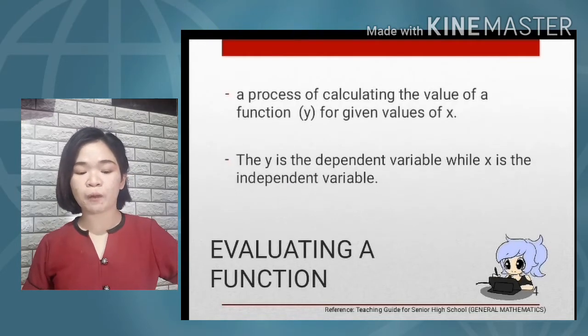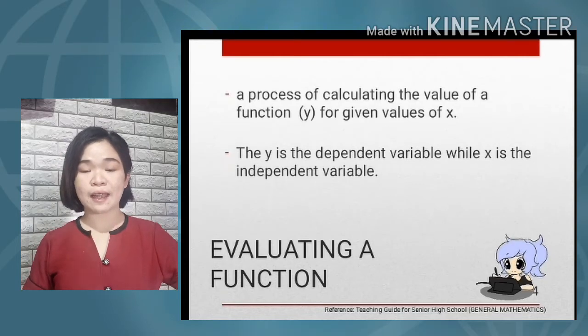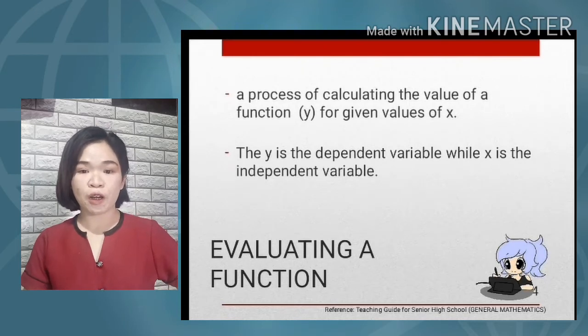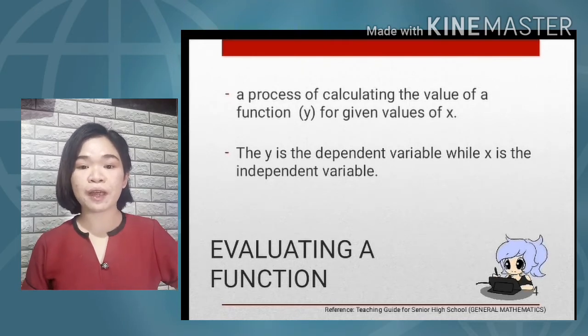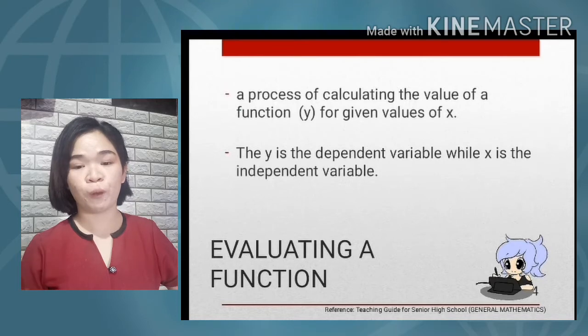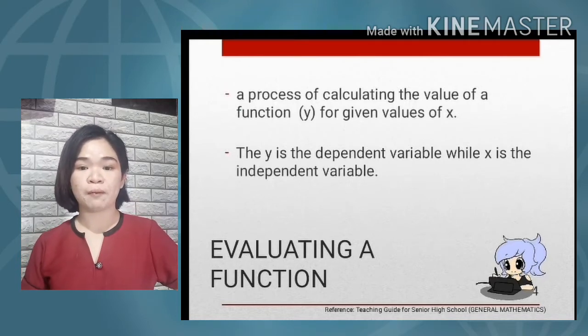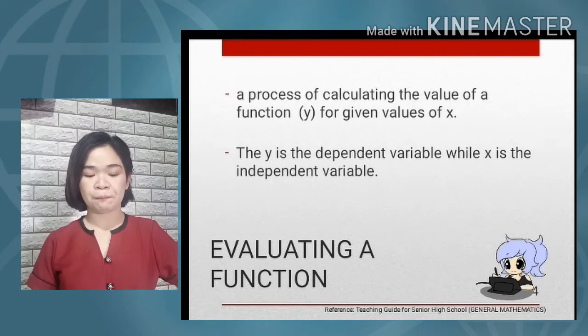Why do we say that y is the dependent and x is the independent? Because whatever the value of x is, it always affects the value of y. Meaning, the y always depends on the value of x.